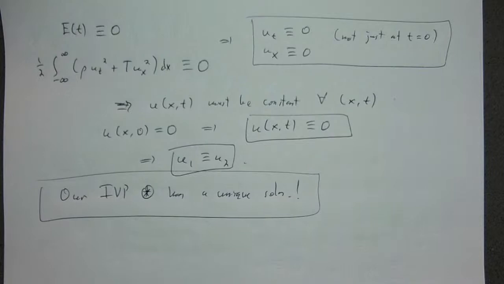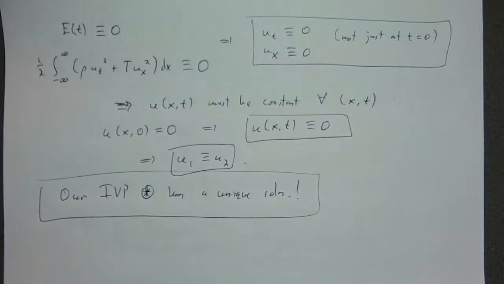So it may seem that I have spent a lot of time here on this energy computation, but the reason is that this method of using the energy to show uniqueness can be repeated for other problems.